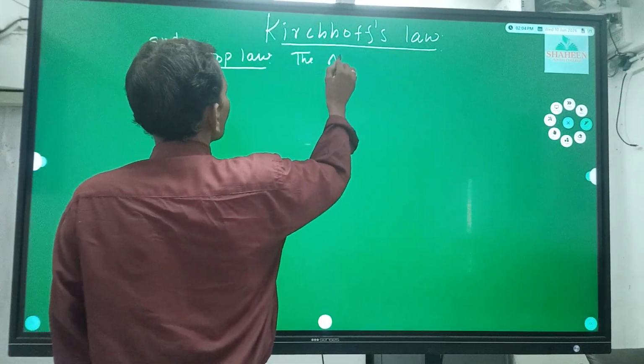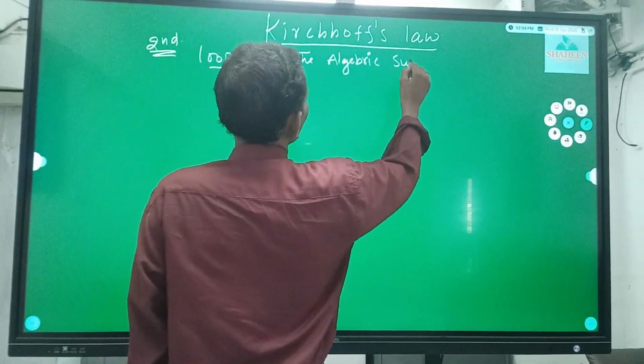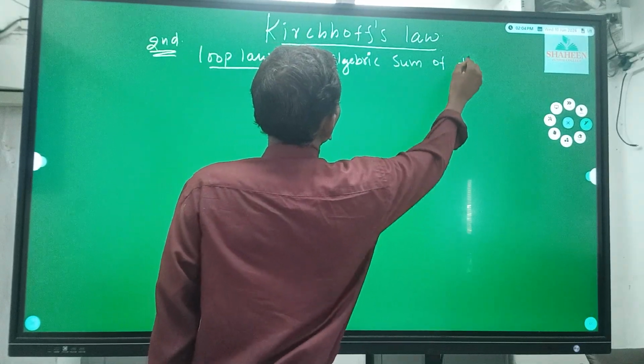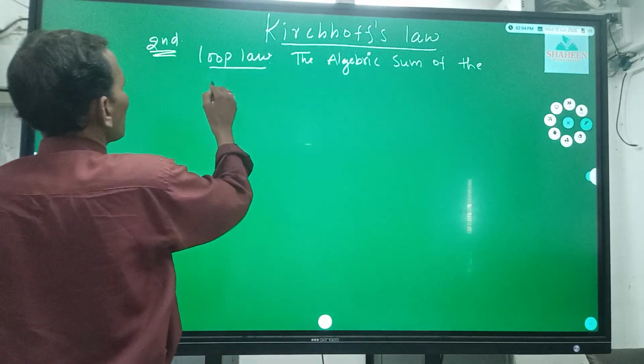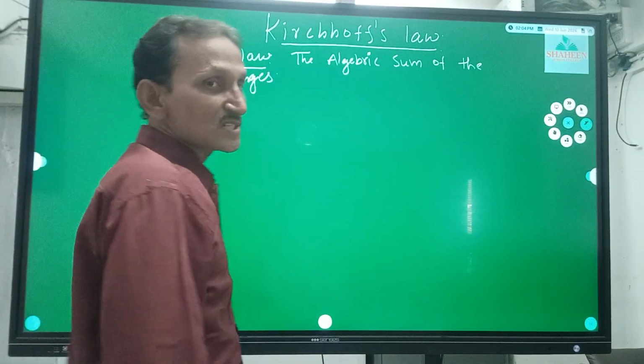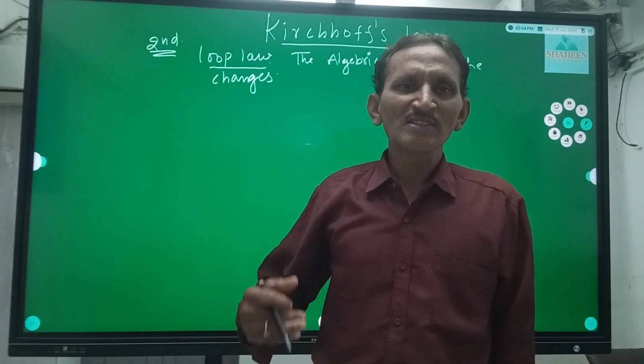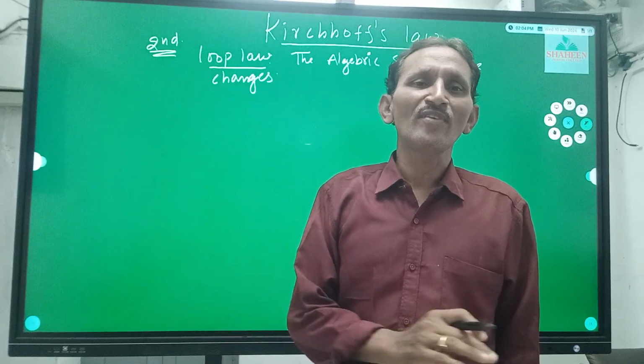So the algebraic sum of the changes in the potential. Changes means either increasing or decreasing; the potential may rise or the potential may fall.